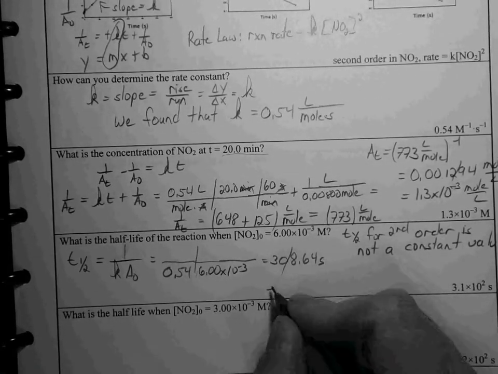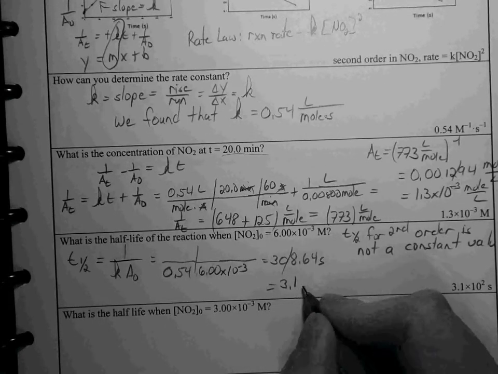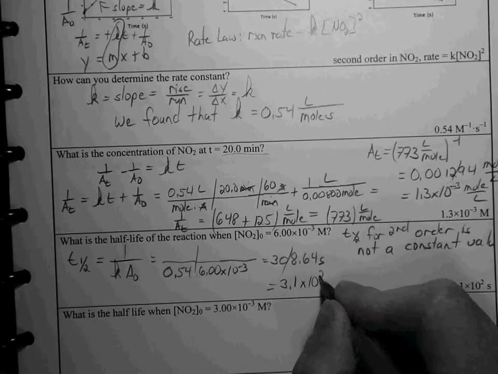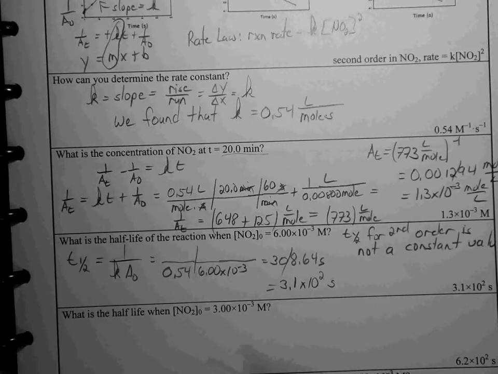With 2 sig figs it can be written as 3.1 times 10 to the second seconds.